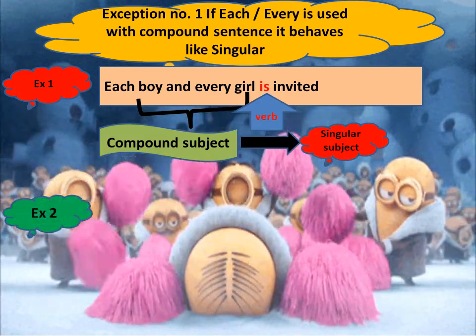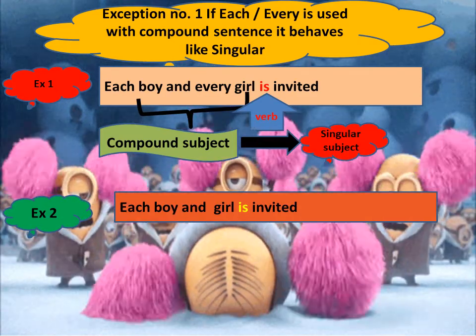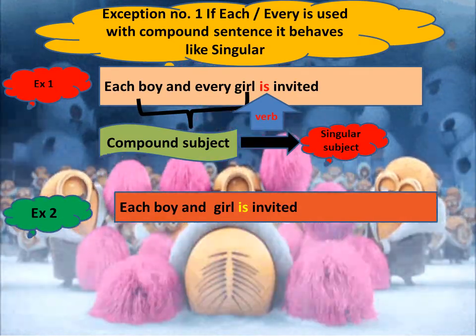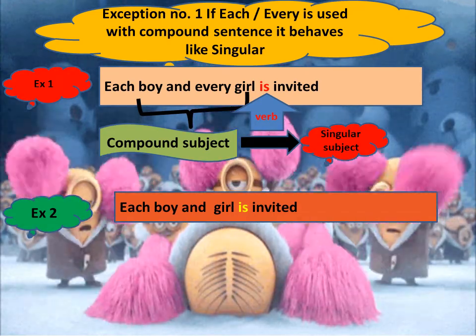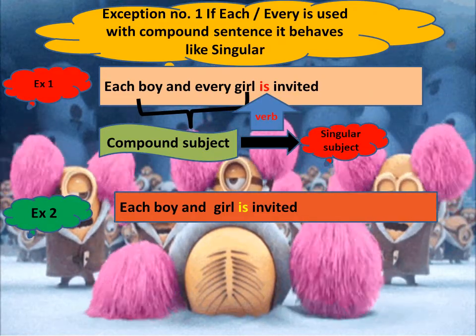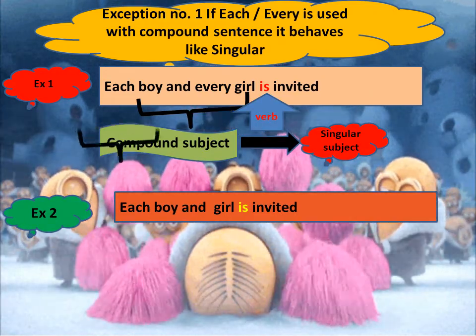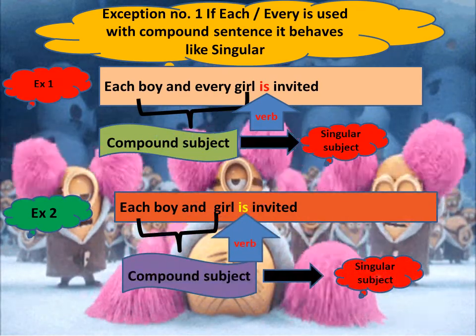Now let us see example number 2. Example number 2 says each boy and girl is invited. We are only using each before boy, right? Now then also it will be considered singular subject because we are adding each to the compound subject boy and girl.